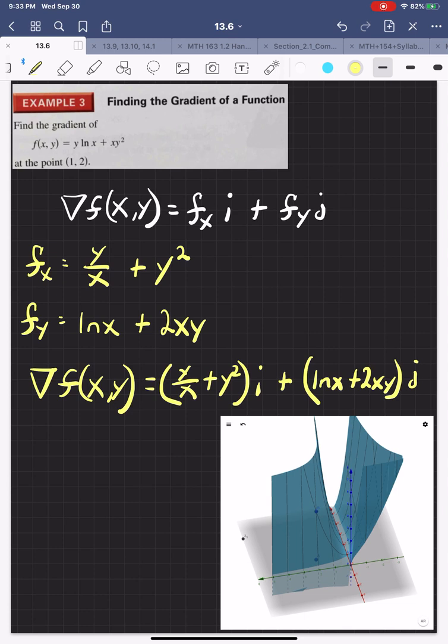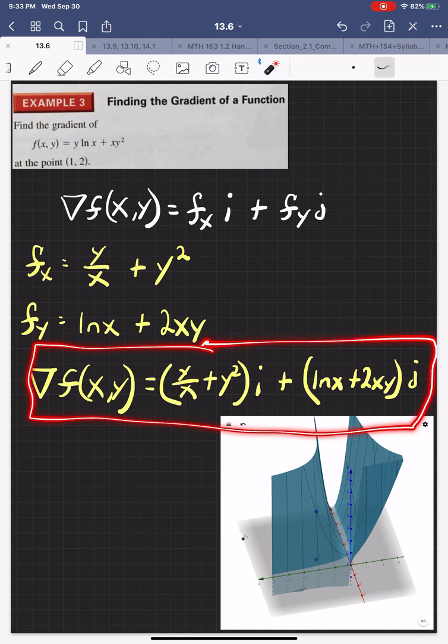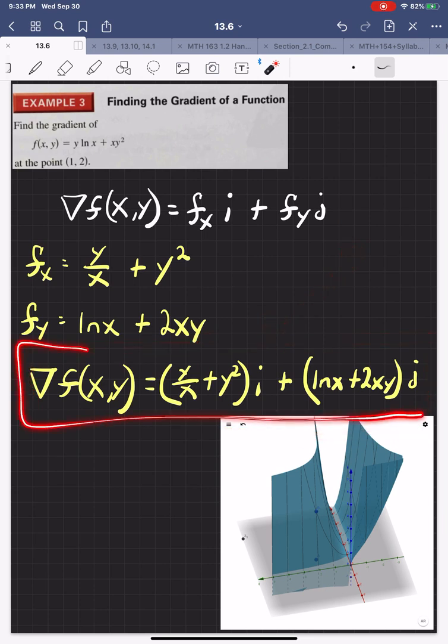There it is. So if all I asked was what's the gradient, then this is your gradient. This is a vector function. Notice this doesn't give you a direction unless you give it more information. You have to give it an x and a y. In other words, you have to tell it where you are located.